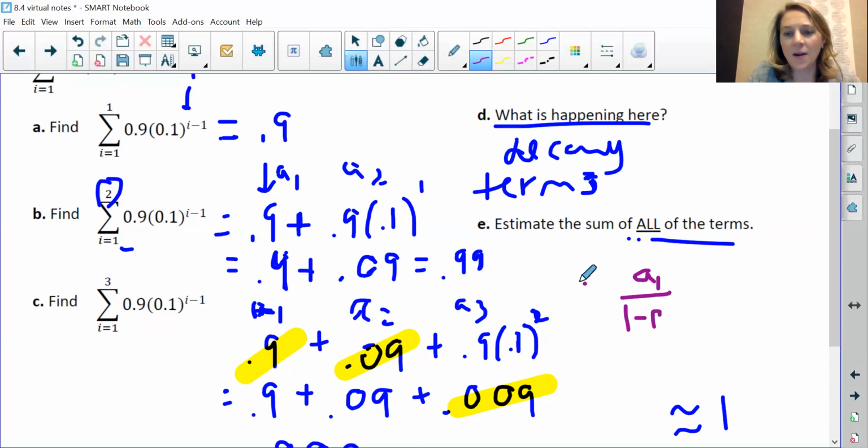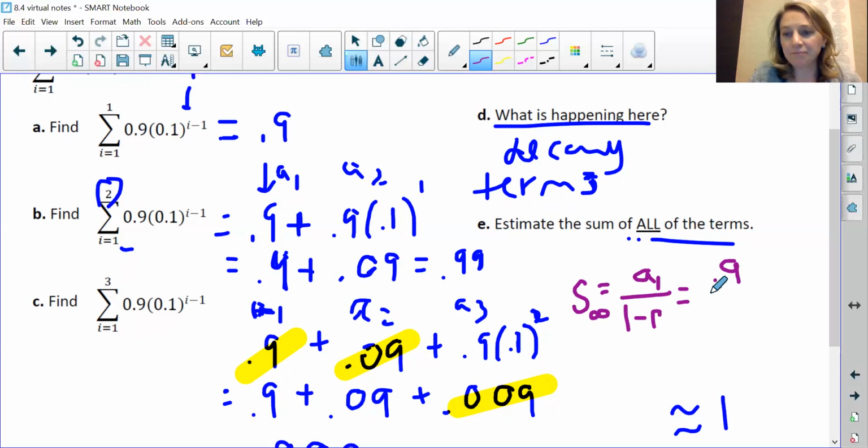Now that we know this is s sub infinity, not n anymore because it's not finite, this is infinite. In this case, the first term was 0.9, and we can find that by plugging 1 into the equation. I say equation, the terminator, the equation or the rule that gives us the terms.